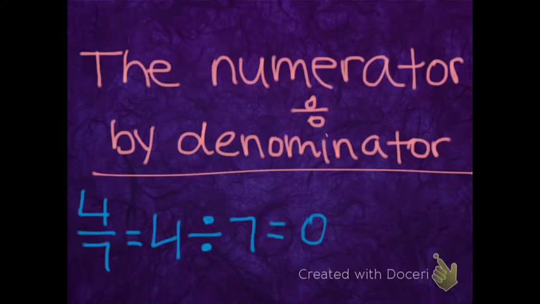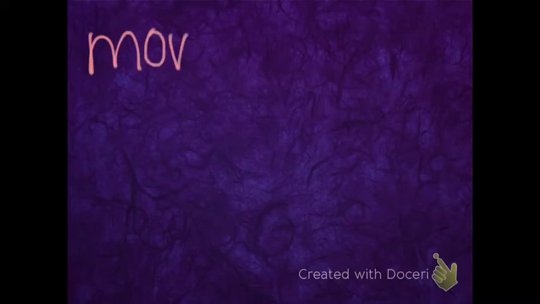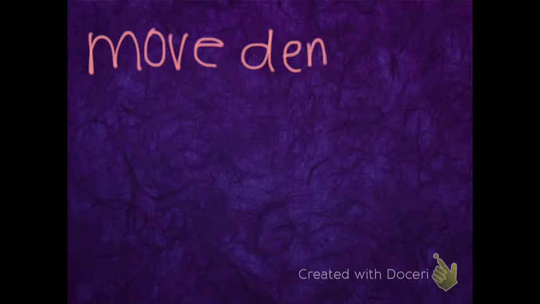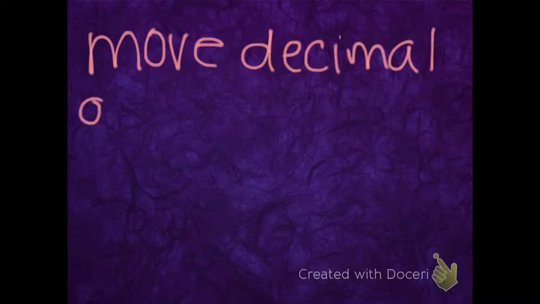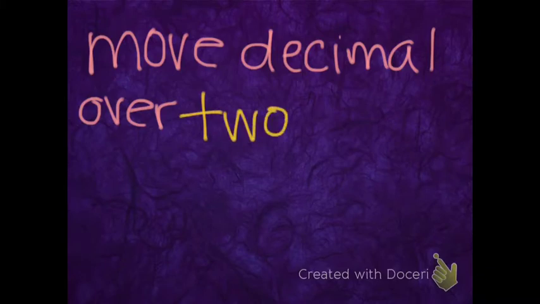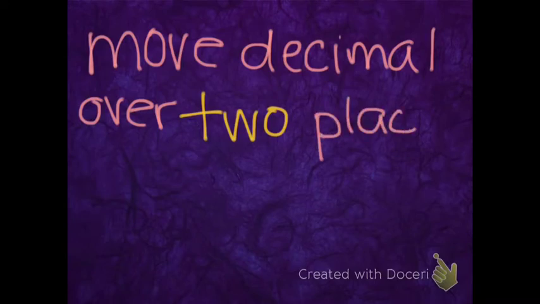And you get 0.571. The next step that you would do is to move the decimal place over 2 places. Now you should remember that you can only move it over 2 places, to the right.